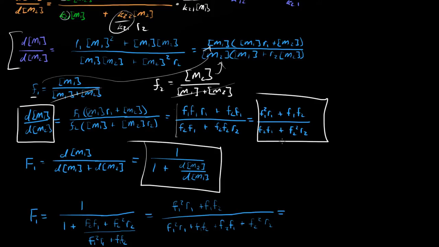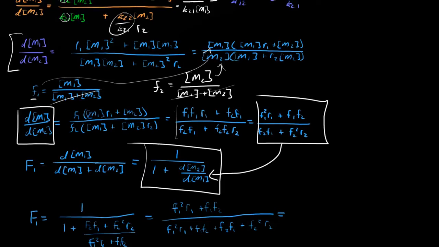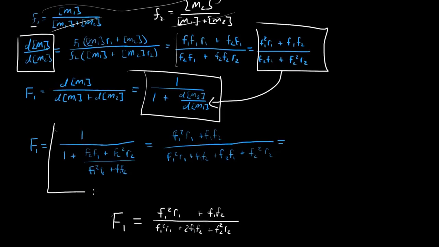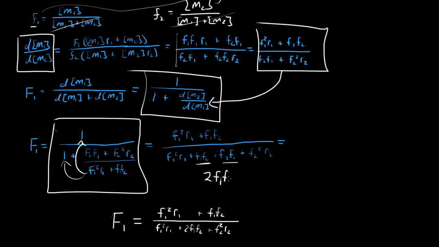So then what we can do is we can plug that in right there, and when we do that, we get this equation. So now that we have this equation, we can just simplify it by moving this right there and this right there. And then if we further simplify it, we notice that this and this are the same, so that just becomes 2 f1 f2.